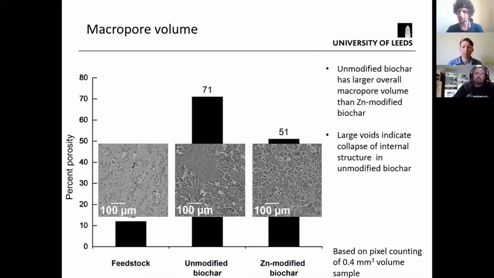And as the last question from the chat, can this work be useful beyond radionuclides? Well, I guess everything that I do applies to heavy metals, because essentially they're chemically identical. The only difference is the radioactivity, I suppose. So yes, for heavy metals, and I hope so for other contaminants as well.